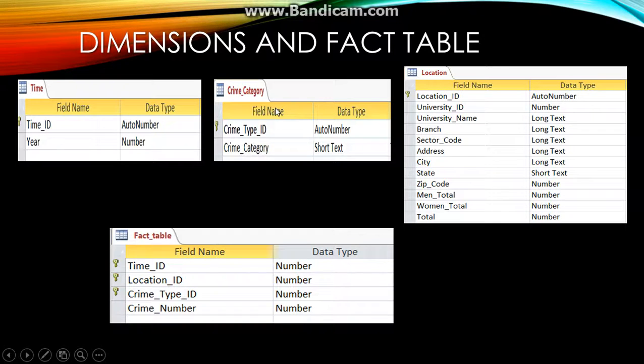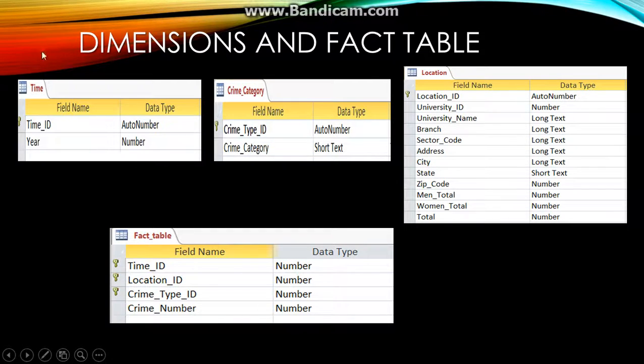etc. And then we have a crime category, which has what type of crime happened. And probably the biggest thing we have here is location. There's a lot of information, like what university it happened at, what was the address, the city, state, zip code, etc. And then finally we have the fact table, which is kind of a combination of all three of these different dimensions, and it creates a fact, which is the crime number.